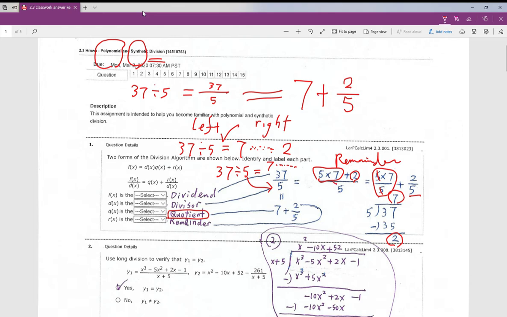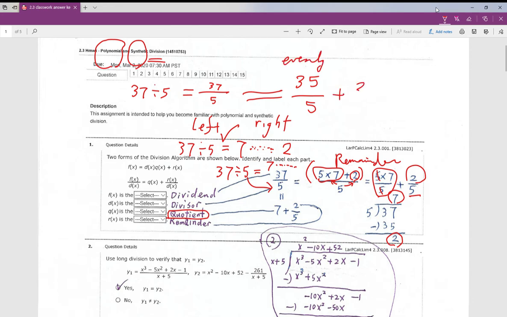So after you divide, you can distribute the 5 to the numerator. So you have 7 plus 2 over 5. This 2 is supposed to be divided by 5, but cannot. So we can do it this way: 37 divided by 5. 35 out of 37 can be divided by 5 evenly.